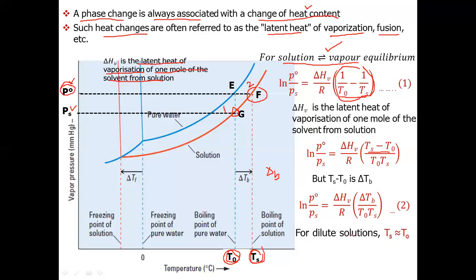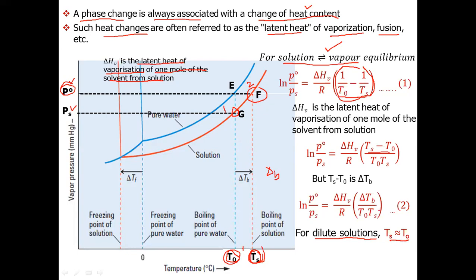Now we all know that the colligative properties apply only to dilute solutions. If the solution is dilute, Ts will not be very far away from T naught. It will be close to T naught. So Ts will be approximately equal to T naught.